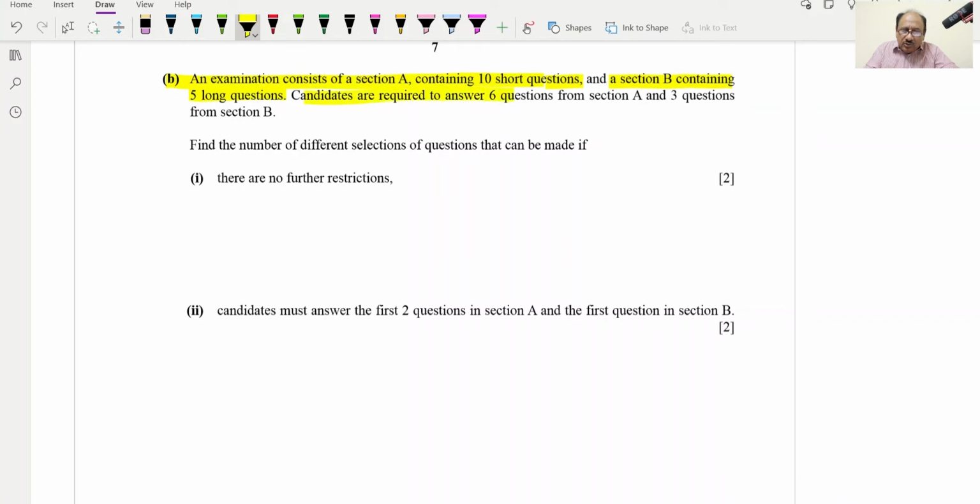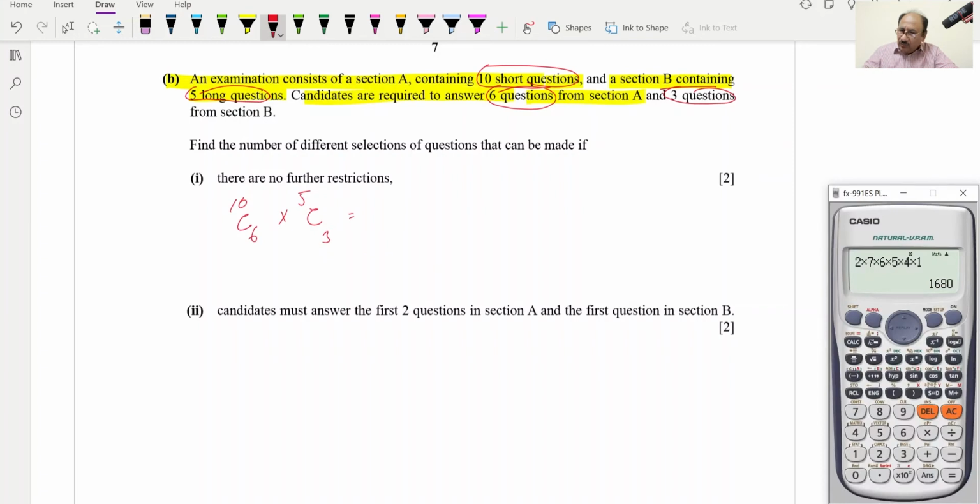Candidates are required to choose 6 questions from section A. So 6 questions to be chosen from 10 short questions, so 10C6. And B contains 5 long questions, and we have to choose 3 questions for that one. So it will be 5 choose 3, and we will be multiplying these, and this will provide us the answer.